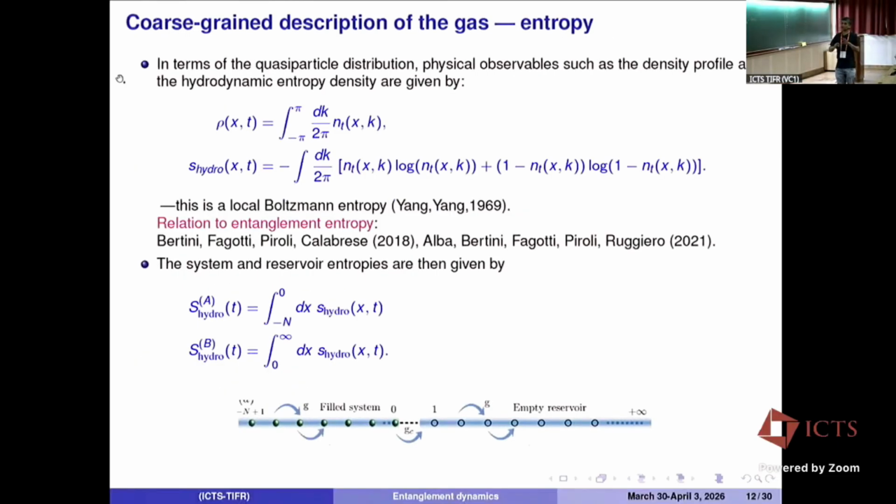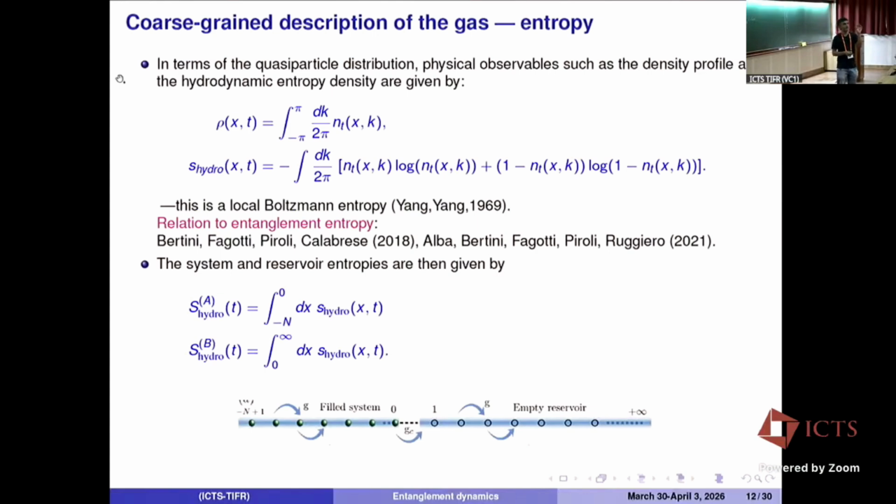Now we have the semi-classical description of the electrons. Once we know the phase space density, we can compute things like densities, of course, you just integrate over k. And how do you compute entropy? There's a formula which was first proposed by Yang, which is basically that you take this phase space density, which is like a local Fermi distribution.